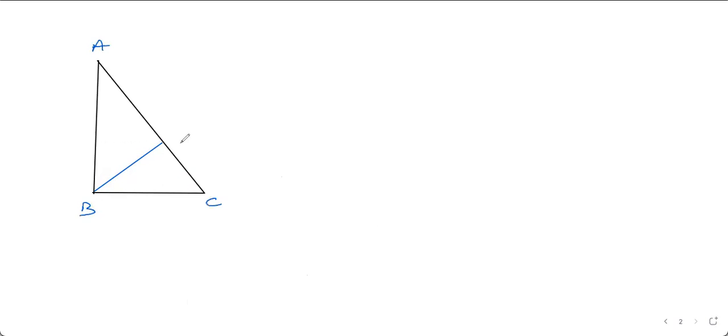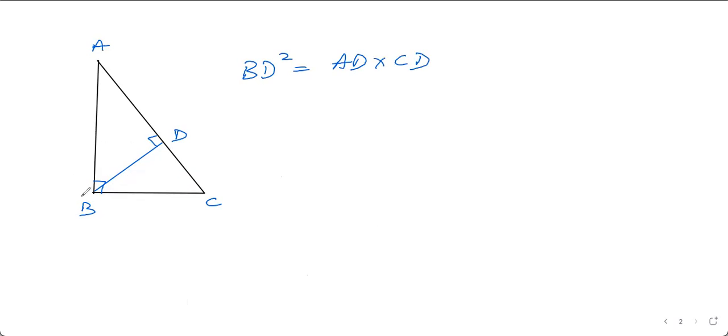In the theorem of geometric mean, we said if we have a right angle triangle, I will make it look like a right angle triangle, it's not a perfect one, and we have an altitude from the 90-degree vertex to the hypotenuse, and we name the vertices and the important points as A, B, C, and D, where this is 90, this is also 90, then the theorem of geometric mean told us that BD square equals AD into CD.